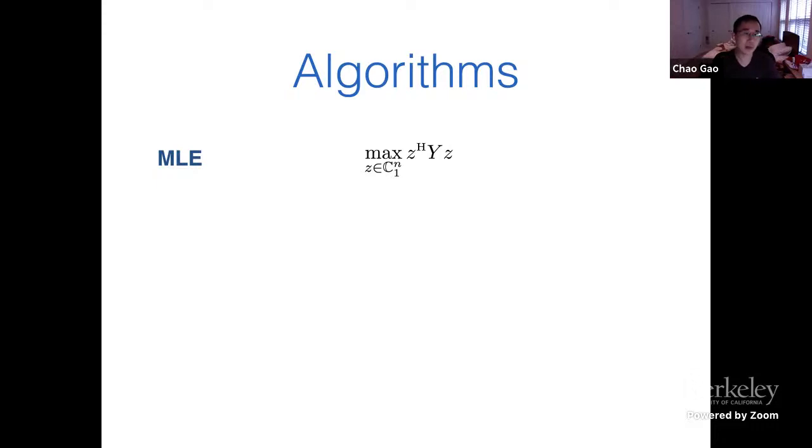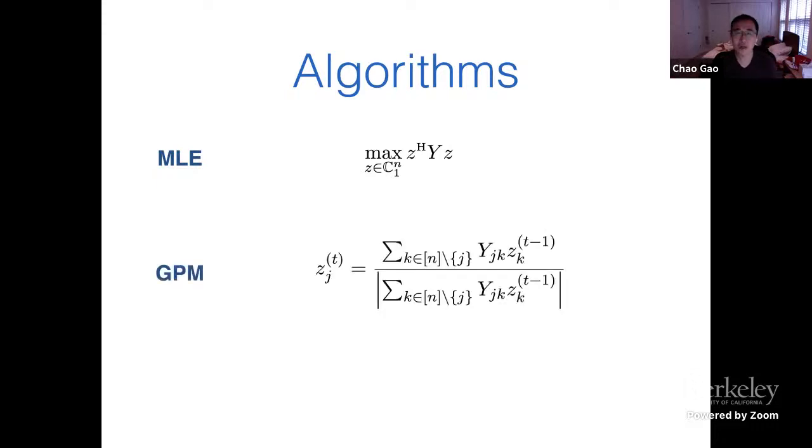That's why people also consider the following two approximations. The first one is called the generalized power method. The idea is that at each iteration, you update the value of each angle, Zj, according to this formula. If you look at the numerator, it is just one of the entries of the product between the data matrix Y and the vector Z, right?